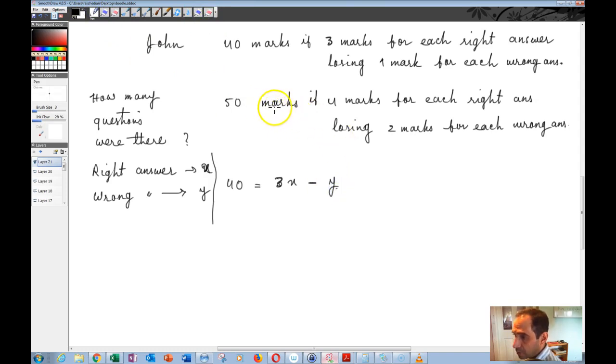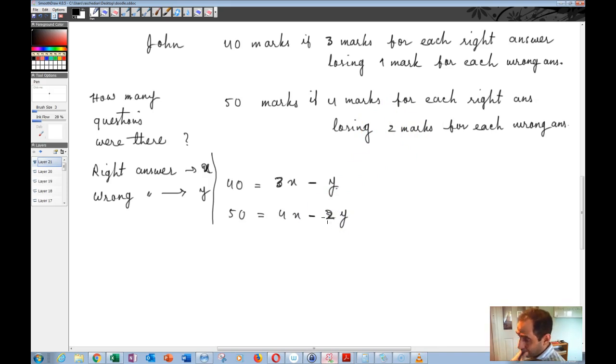Now if the situation had been like this, then he would have gotten 50 on the same test, meaning that he'd have gotten 4 marks for each right answer and lost 2 marks for each wrong answer.